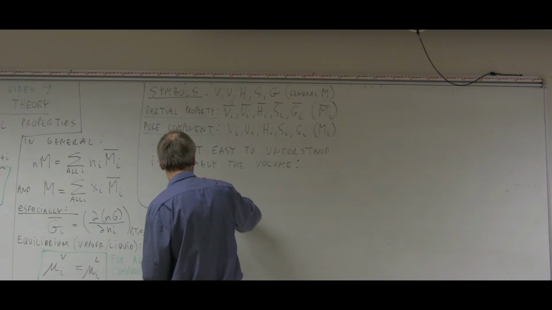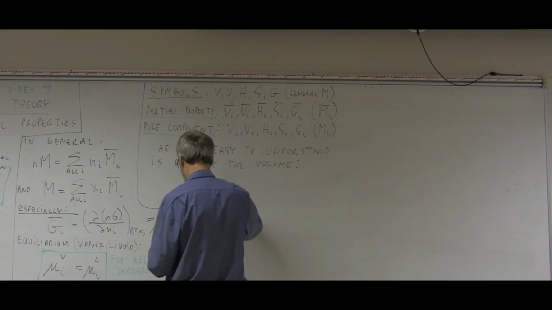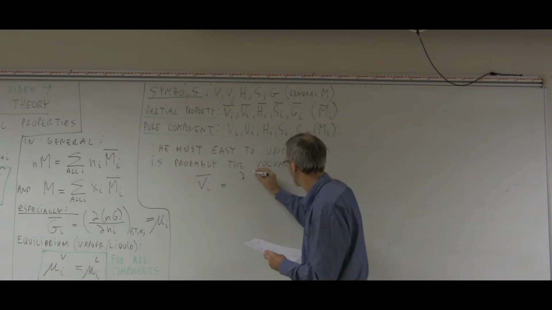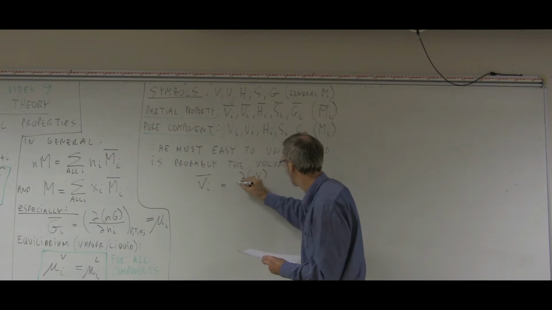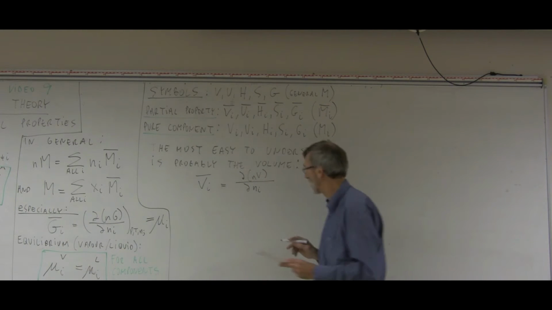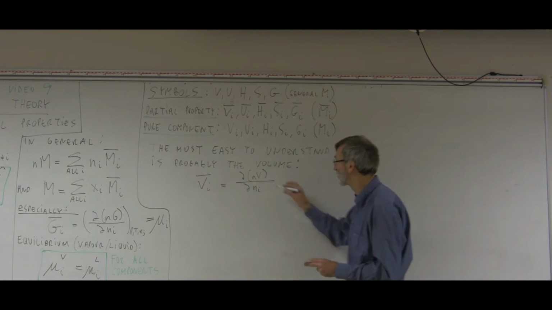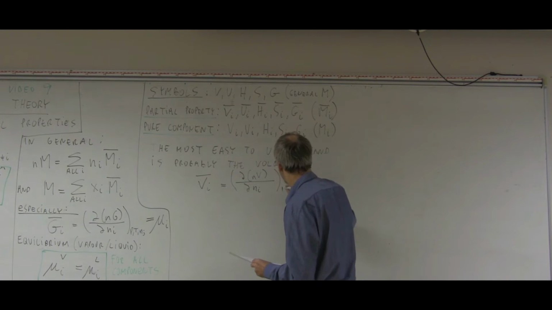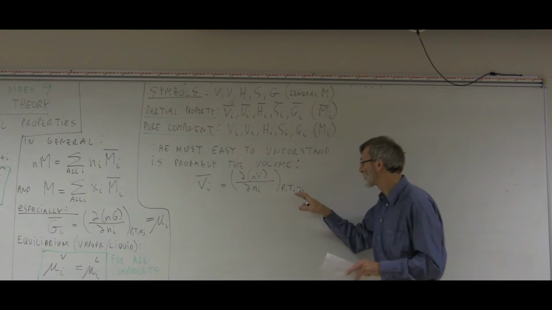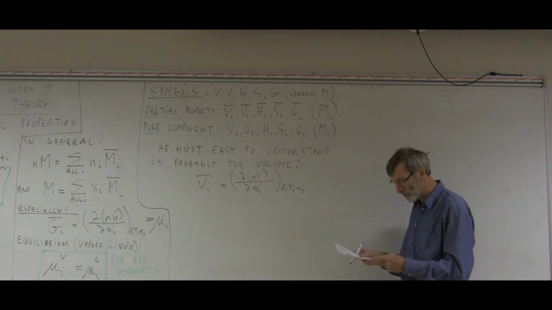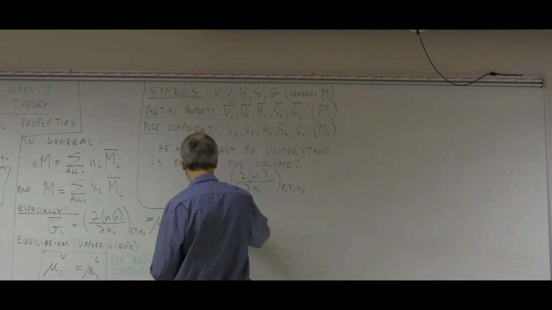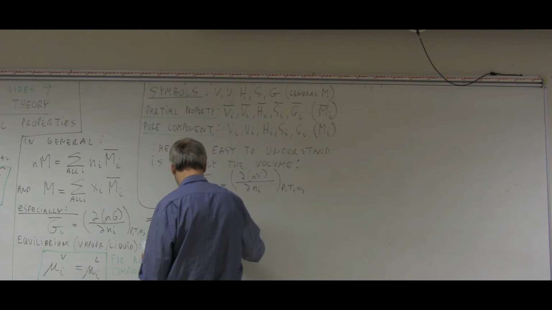We define the partial molar volume as the change in total volume with the change in the amount of the component with P, T and the amounts of all other components constant. And we have a graph.